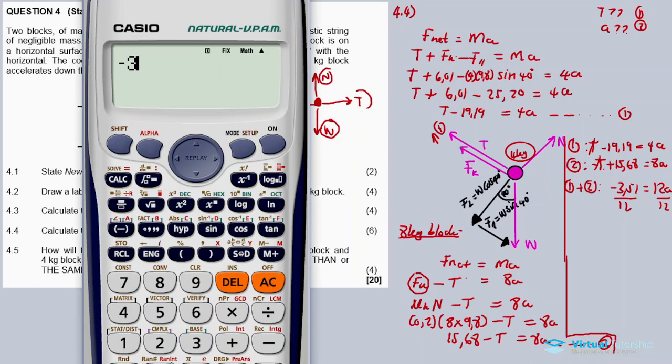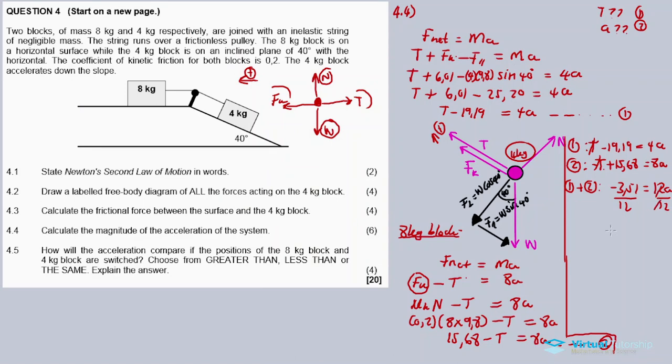Then we divide both sides by 12: minus 3.51 divided by 12 is equal to negative 0.29, so a is equal to negative 0.29 meters per second squared. Therefore the acceleration is 0.29 meters per second squared downward. The negative tells us the acceleration is acting downward, since we chose to the left as positive, so our answer comes out negative because it is in the opposite direction.